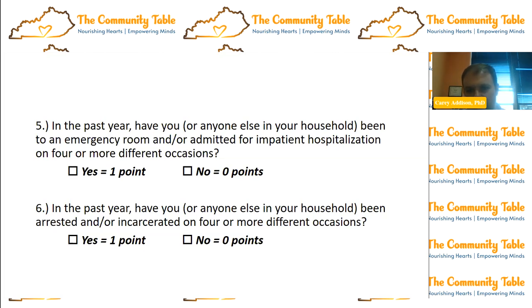I get inpatient in the hospital, but that should be inpatient. And we also made it a little bit more lenient. In the past, it was based on the past 6 months. We expanded that to a year. And we did the same thing with arrest and incarcerations as well. We combined those two questions and expanded it to a year. And if there were 4 or more incidents of that happening, a point would be earned there as well.